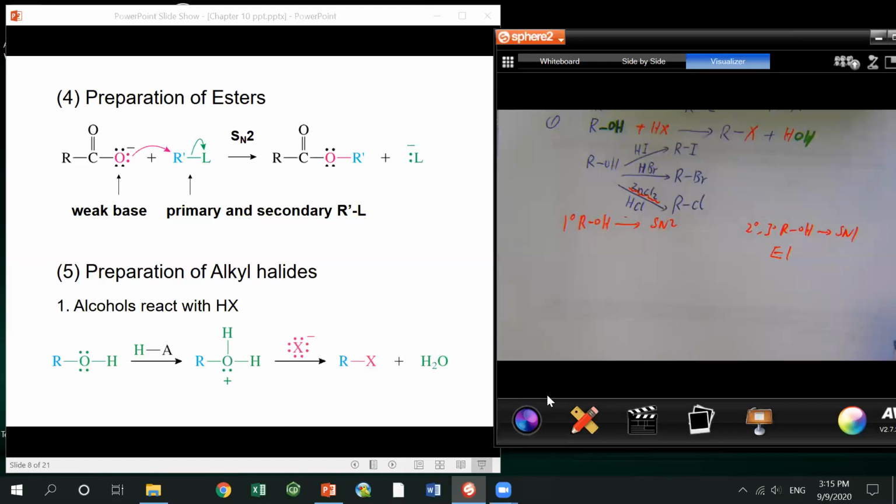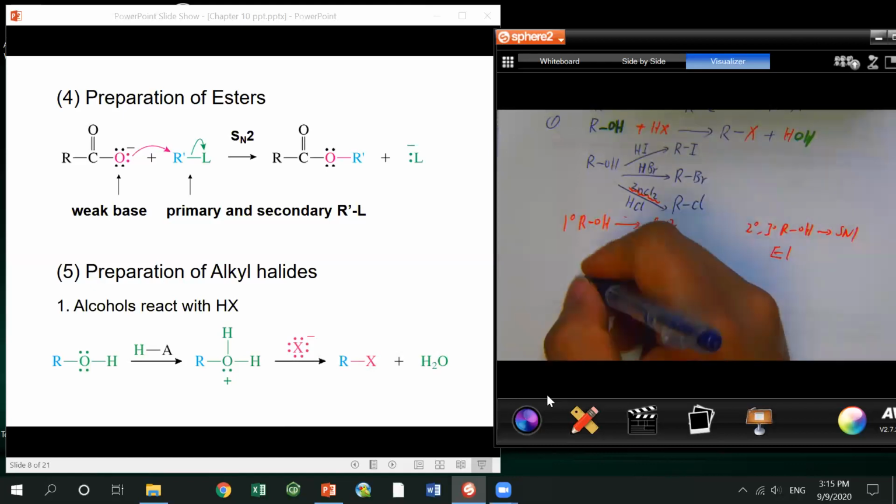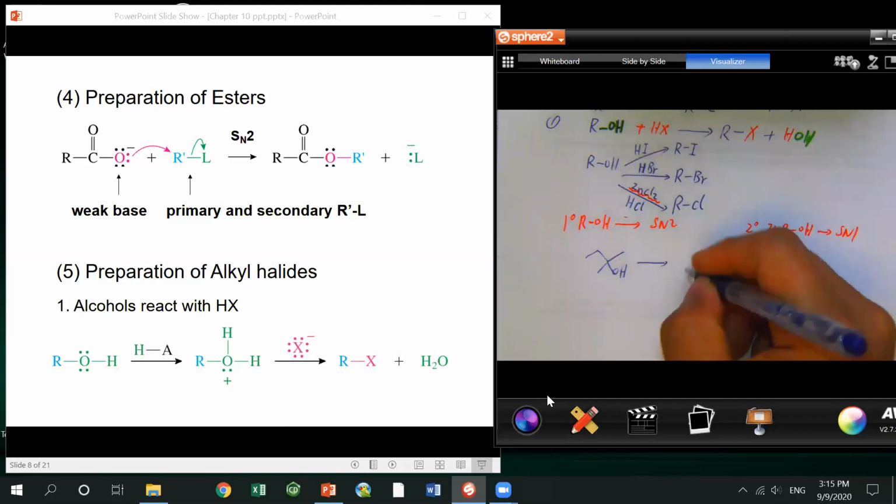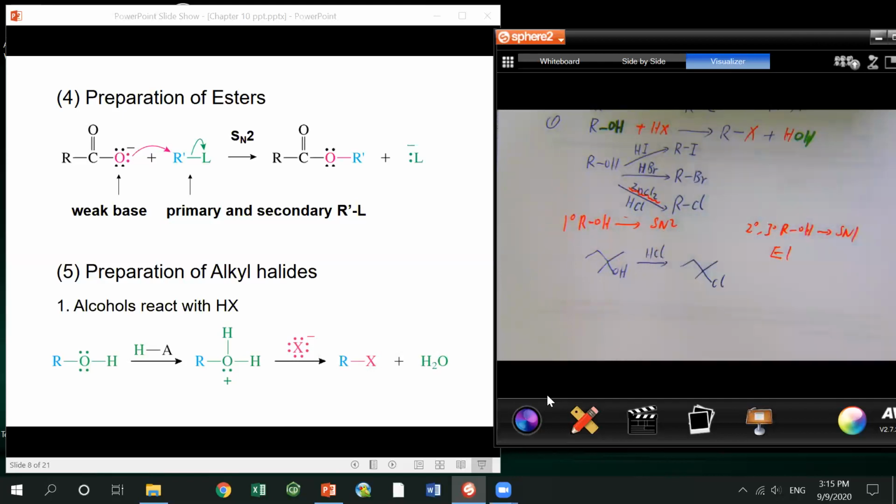For example, remember this week's lab, and also last week, we tried to convert t-pentyl alcohol into t-pentyl chloride. With a very strong acid it's pretty straightforward, so this time we did not use zinc chloride.